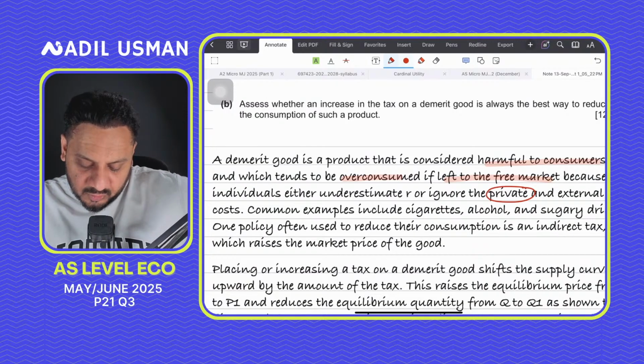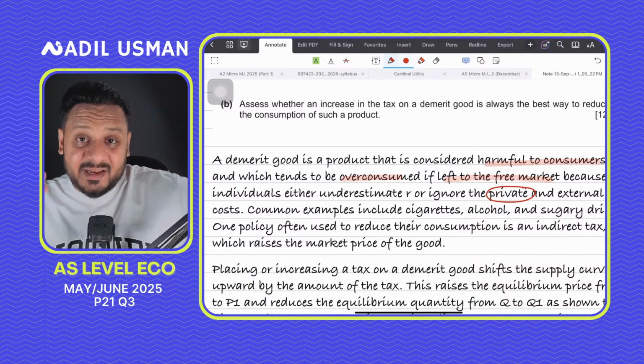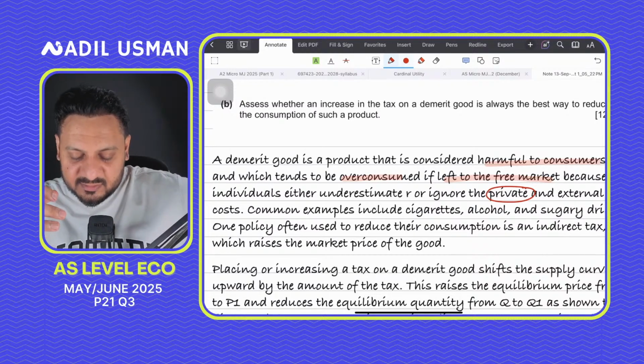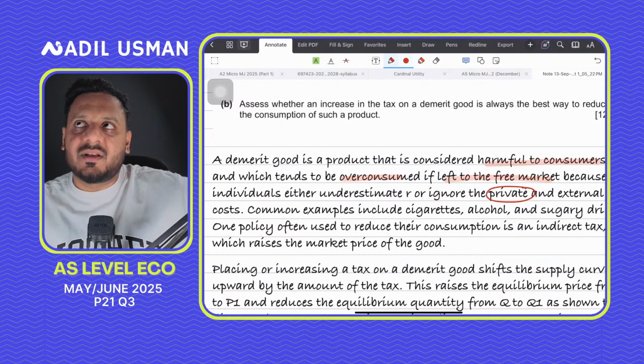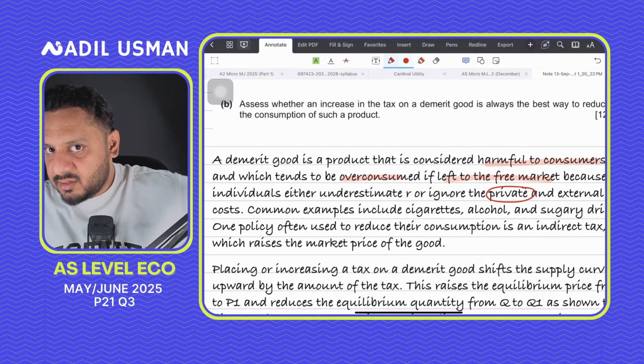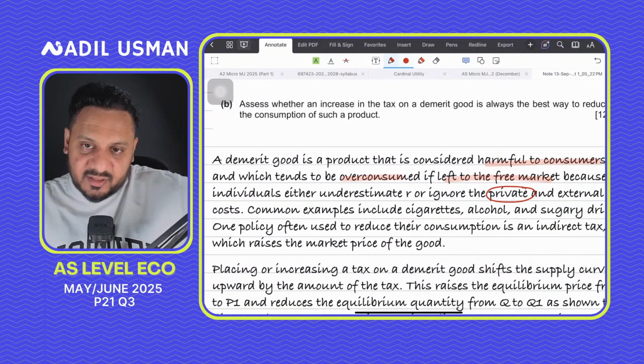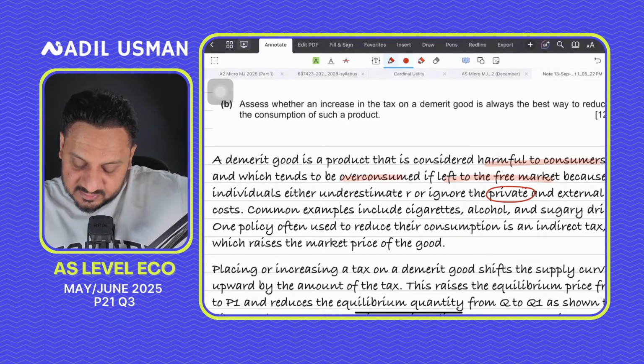Anyways, common examples, you can mention some, it's a 12-mark question. So you will give examples, because it's a level-based marking. Okay? So common examples include cigarettes, alcohol, sugary drinks.